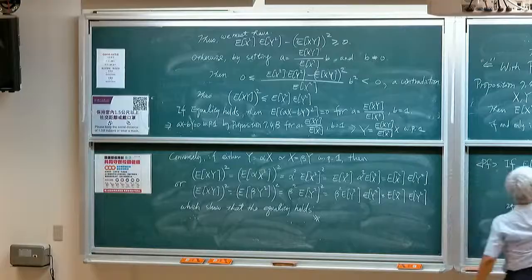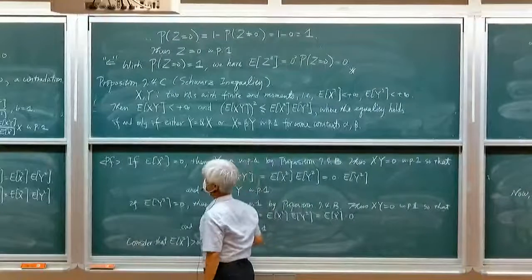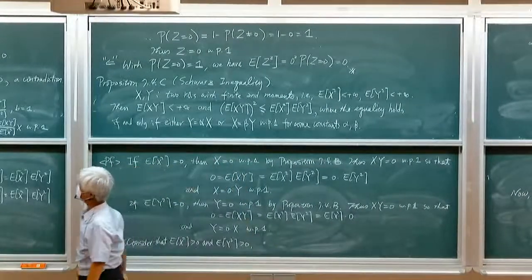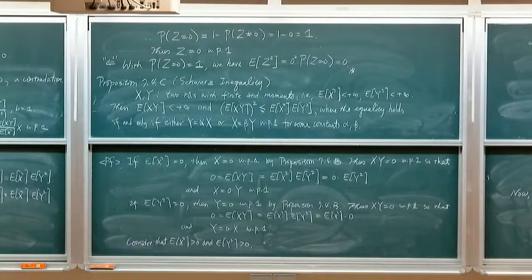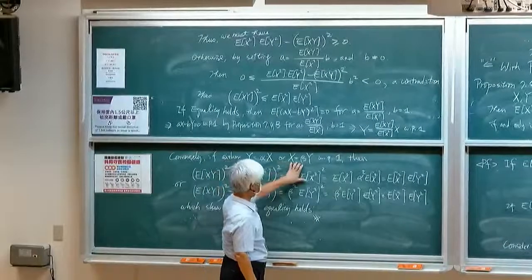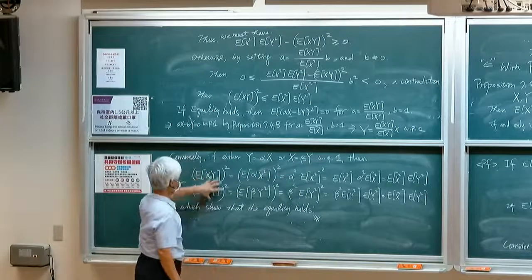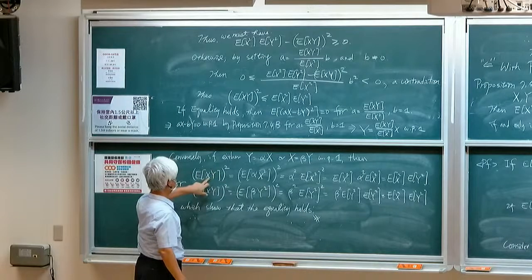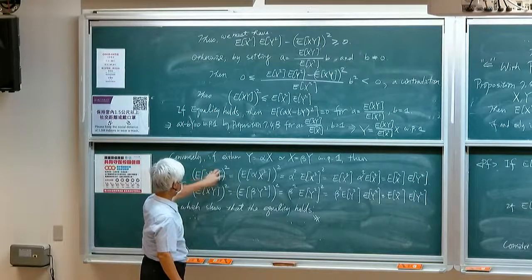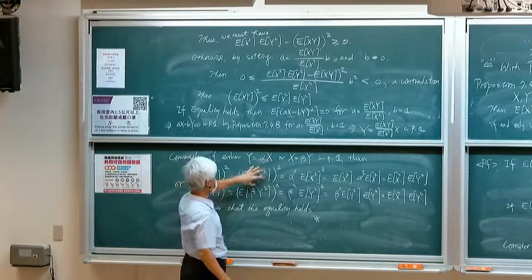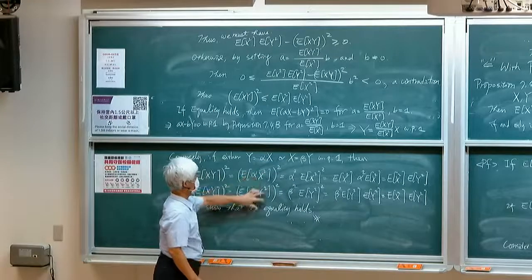Okay, because this is all 1, right? And the backward direction: when y is the scalar multiple of x, or x is the scalar multiple of y with probability 1, then we just compute the expectation of their product first, and plug into this case or that case here, right?